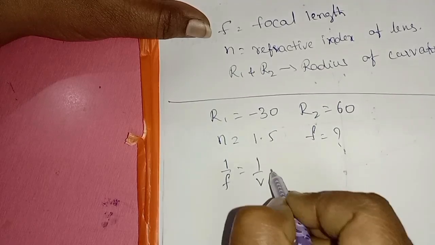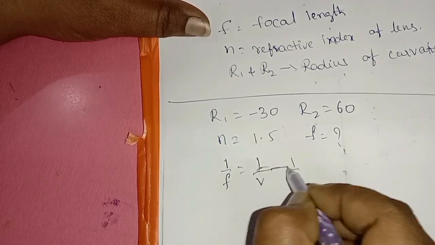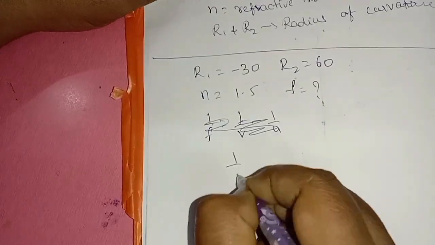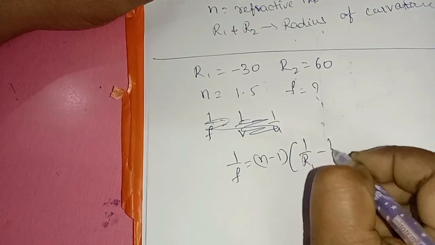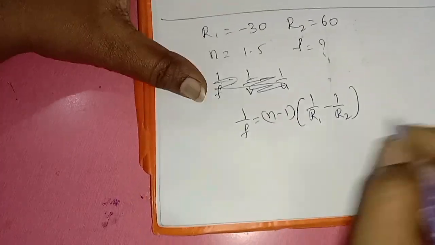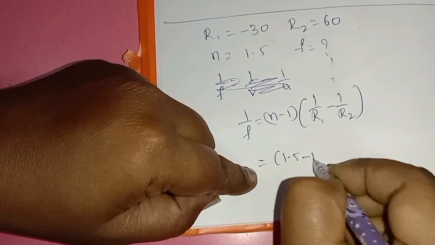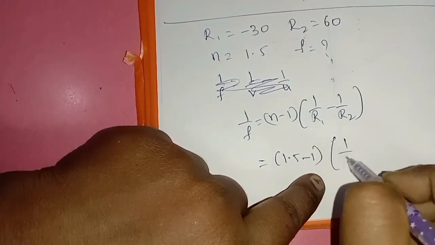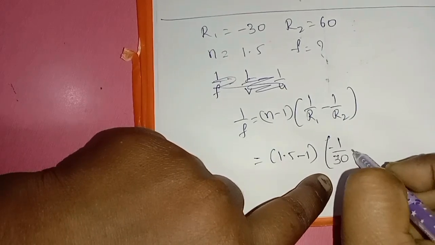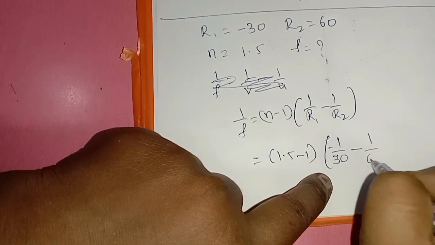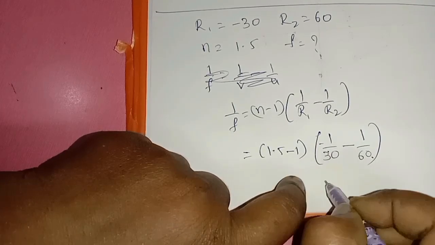1 by f equals 1 by v minus 1 by u? Sorry, it is the lens maker's formula: 1 by f equals (n minus 1) into (1 by r1 minus 1 by r2). Substitute the values: 1.5 minus 1, then 1 by minus 30 minus 1 by 60.